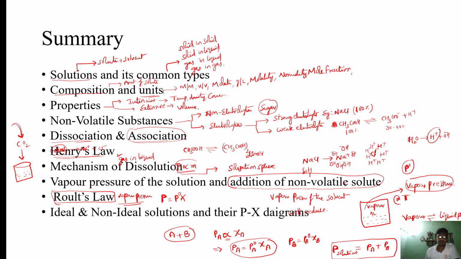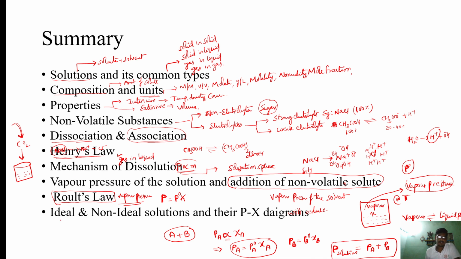Hope you understood the difference between Henry's law and Raoult's law. Let me explain once again. In case of Henry's law, the pressure is applied from an external source, whereas in case of Raoult's law, whatever vapor is in equilibrium with the liquid phase is itself applying pressure on it, so that it will condense back to liquid state.